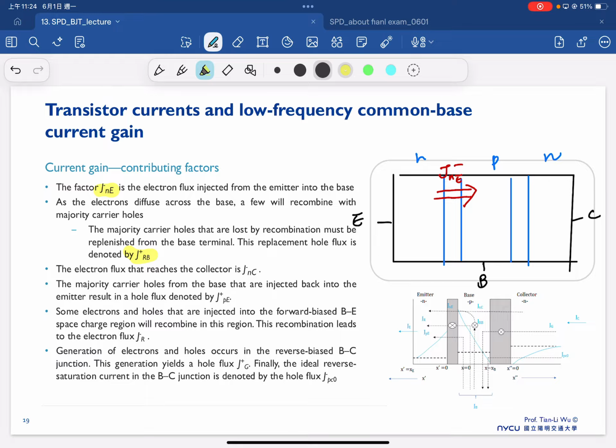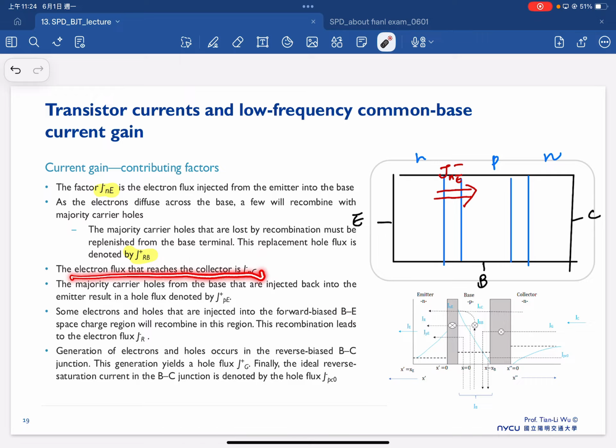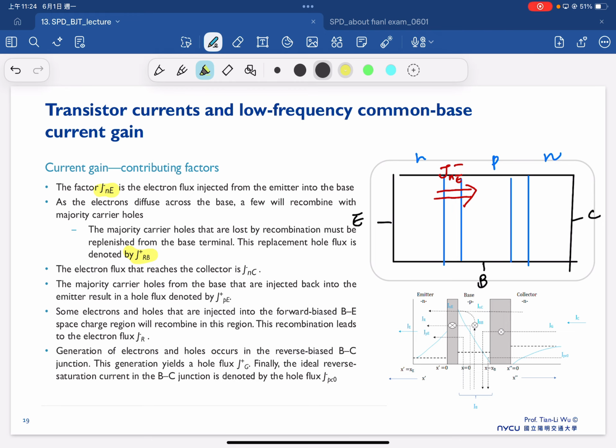And the electron flux that reaches the collector is JNC. So we have the electrons injected into the base, and then we have JRB here.